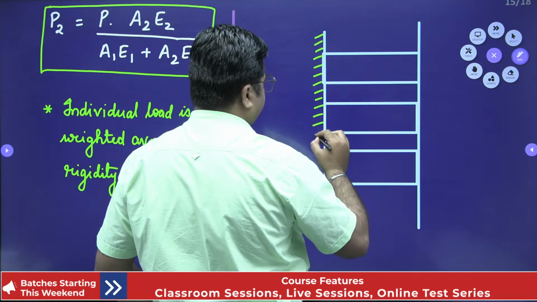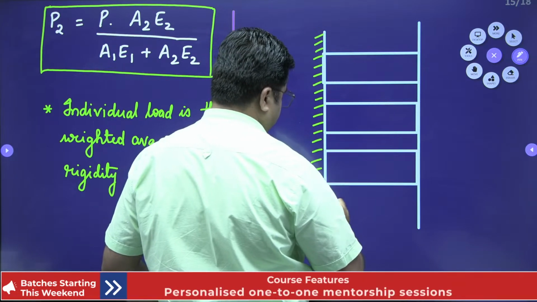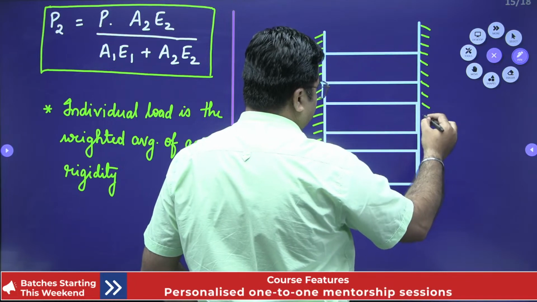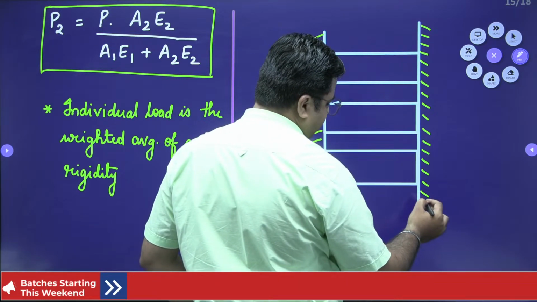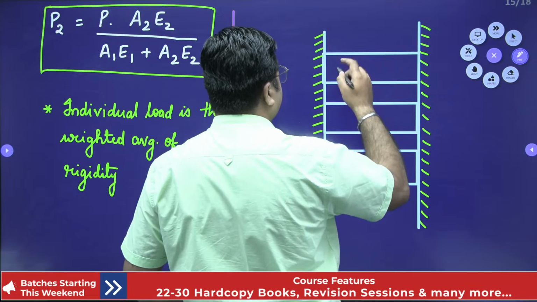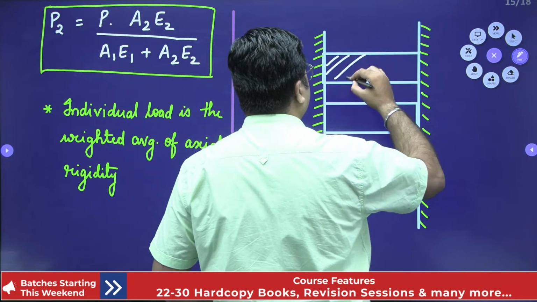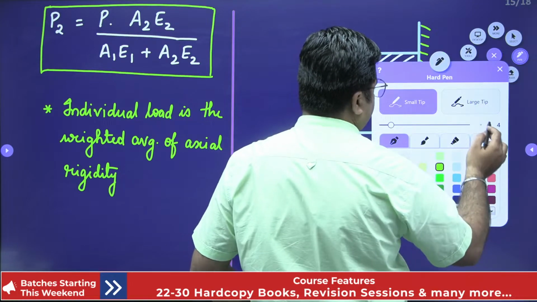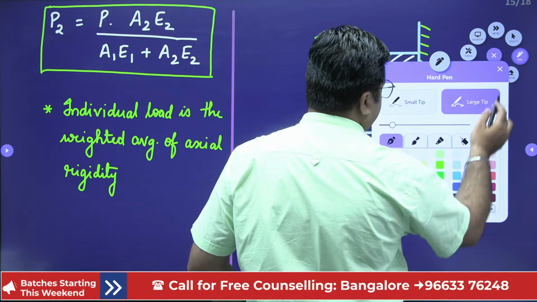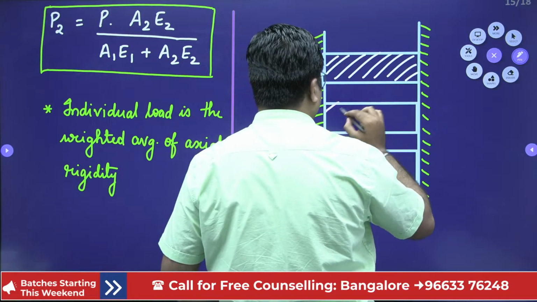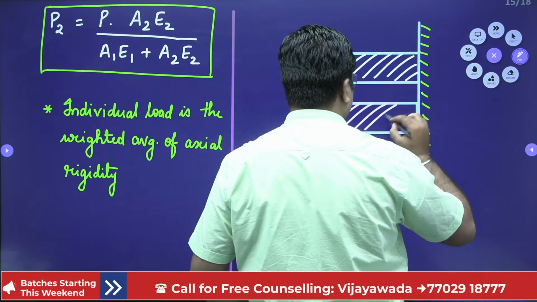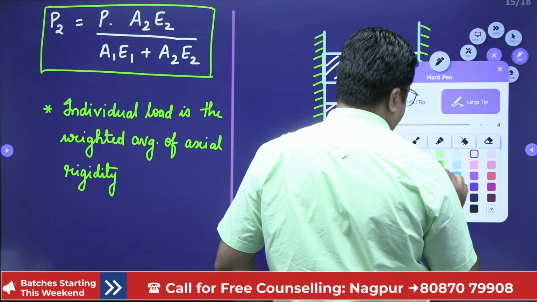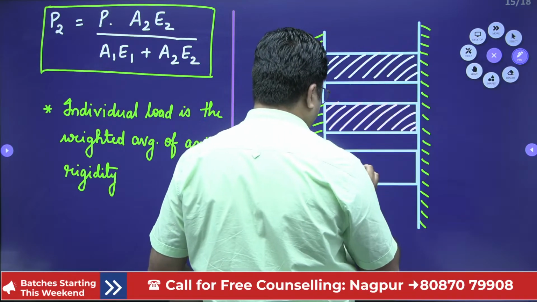So you have three members given to you. I even shade these three members so that you do not have any confusion. So this is my member 1. This is my member 2. And this is my third member.